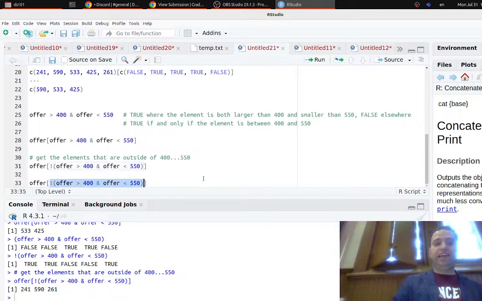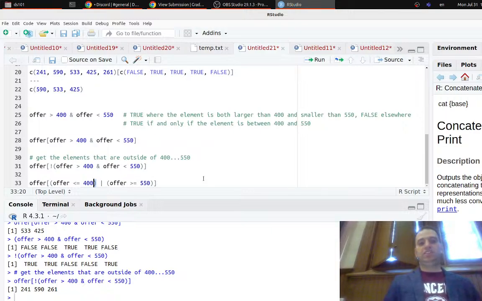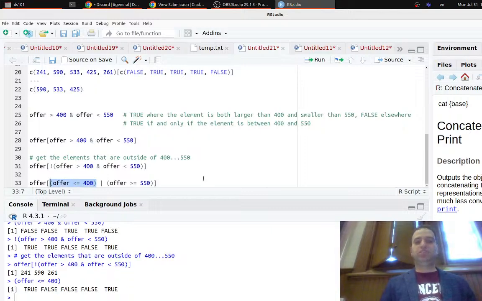So we can say offer is smaller or equal than 400, or offer is larger or equal than 550. Right? So this, again, is a bunch of trues and falses.